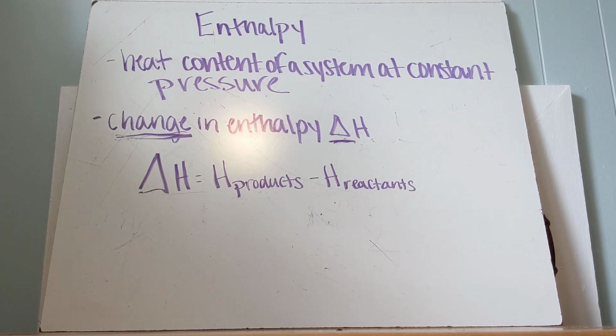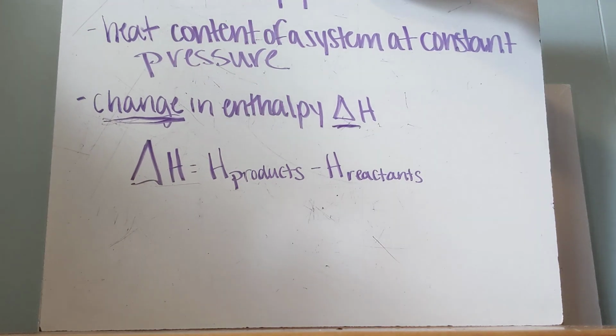And really how much heat is released or absorbed. One thing you need to understand is that when heat is absorbed in the reaction, that's called an endothermic reaction. And when heat is released by the reaction, that is called an exothermic reaction. So let's go into a couple of examples.